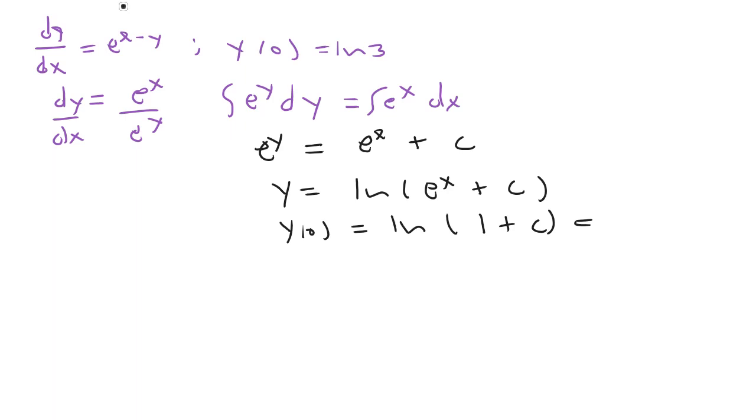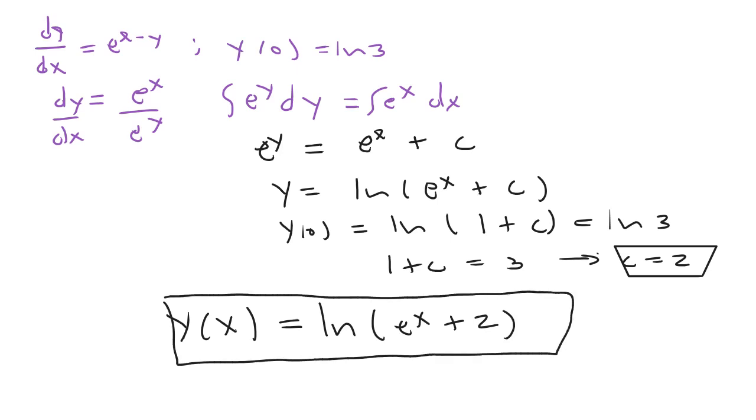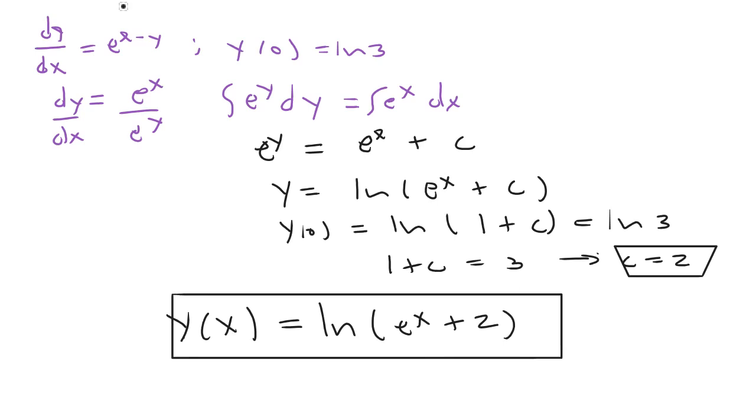But we know that that was equal to ln of 3, which would imply that 1 plus c equals 3, so c equals 2. From there, now we have our general solution. Our general solution says that y of x is equal to the natural log of e to the x plus 2, and then we have it. So this is our solution to our first order separable differential equation.